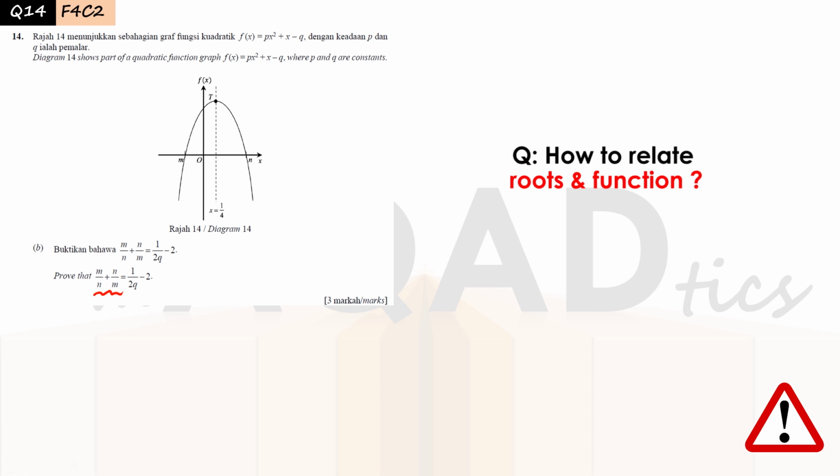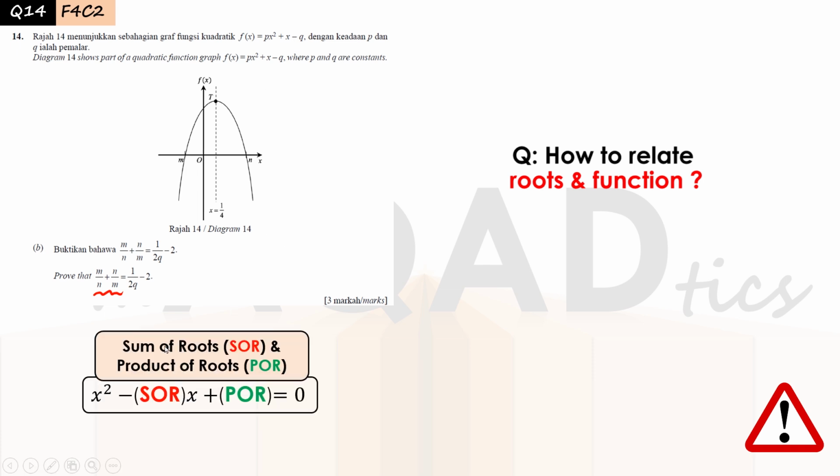Let us recall the things we have learned in this chapter. One of the things we have learned for roots is we can find the sum of roots and the product of roots from the function here. This is the information that can relate the roots and the function.